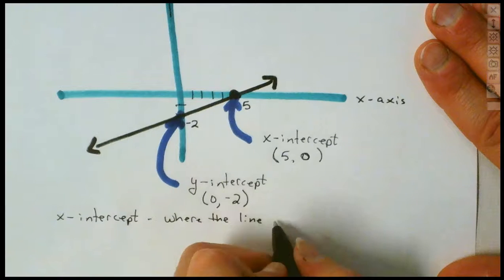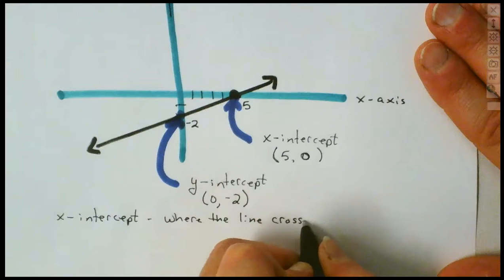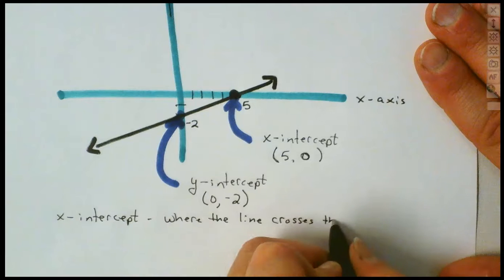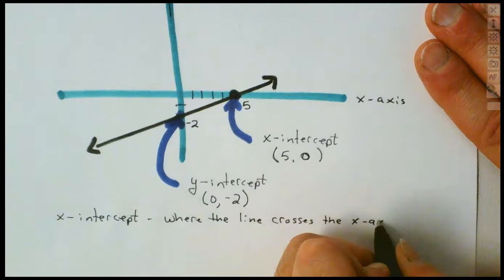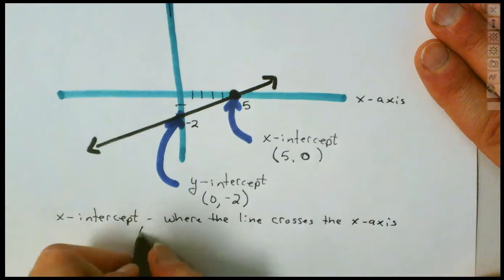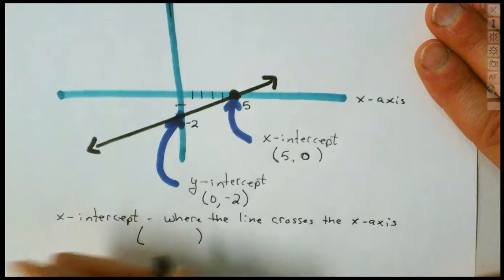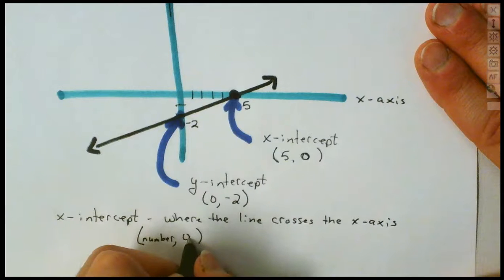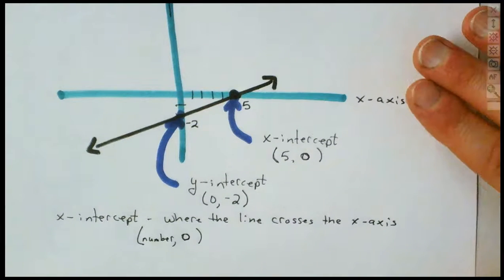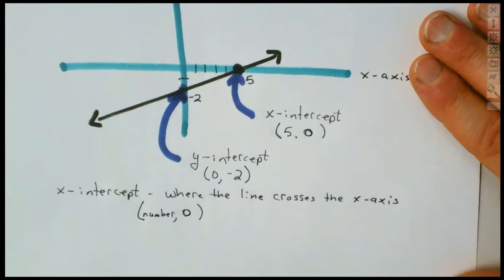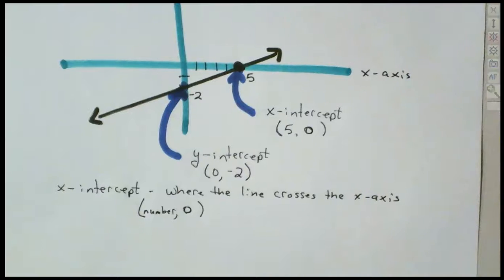It's going to look like an ordered pair, and it's going to be some number, comma 0. That's where it crosses the x-axis.